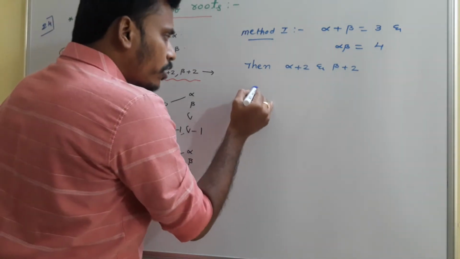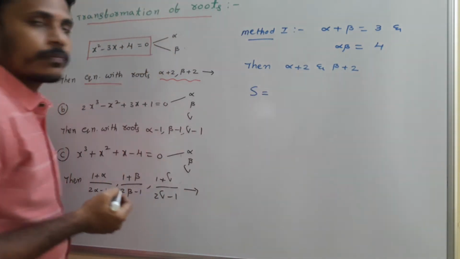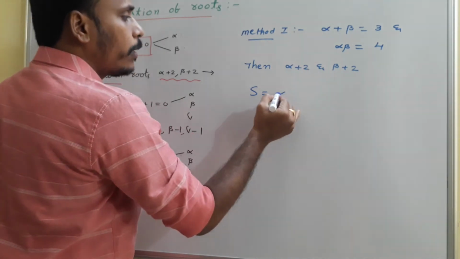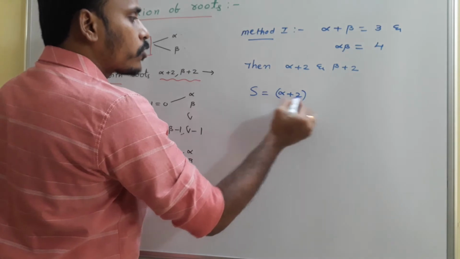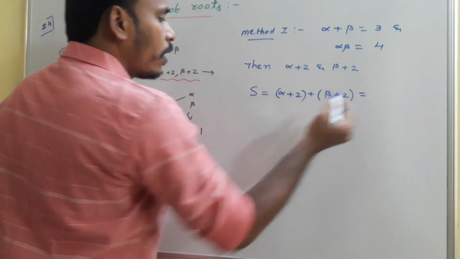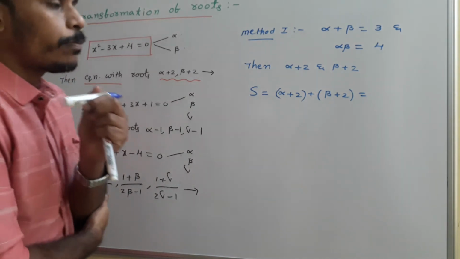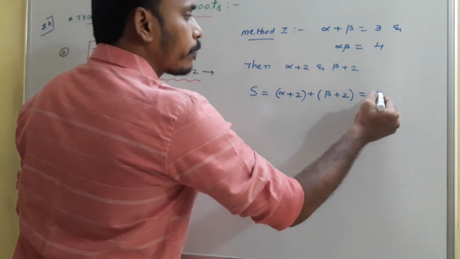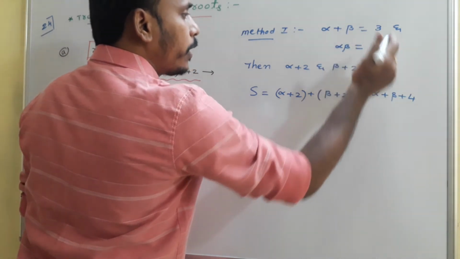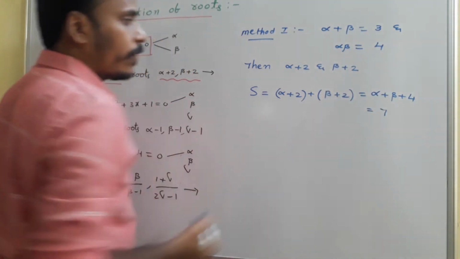For that we calculate the sum of the roots of the new equation, alpha plus 2 and beta plus 2. So alpha plus 2 plus beta plus 2 equals alpha plus beta plus 4. Alpha plus beta is 3, so 3 plus 4 is 7.